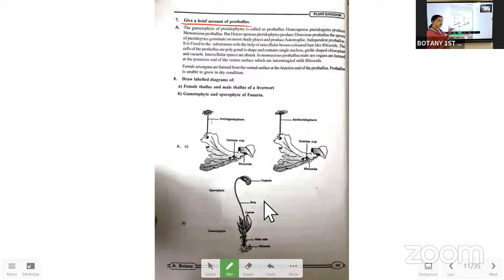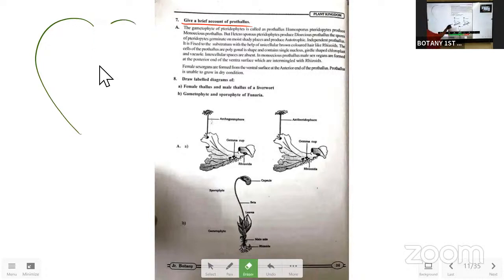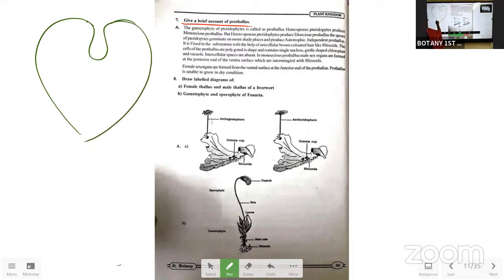It is an undifferentiated plant body having a leaf-like structure, green in color, heart shaped. This prothallus has an apical notch, so it is not completely closed.